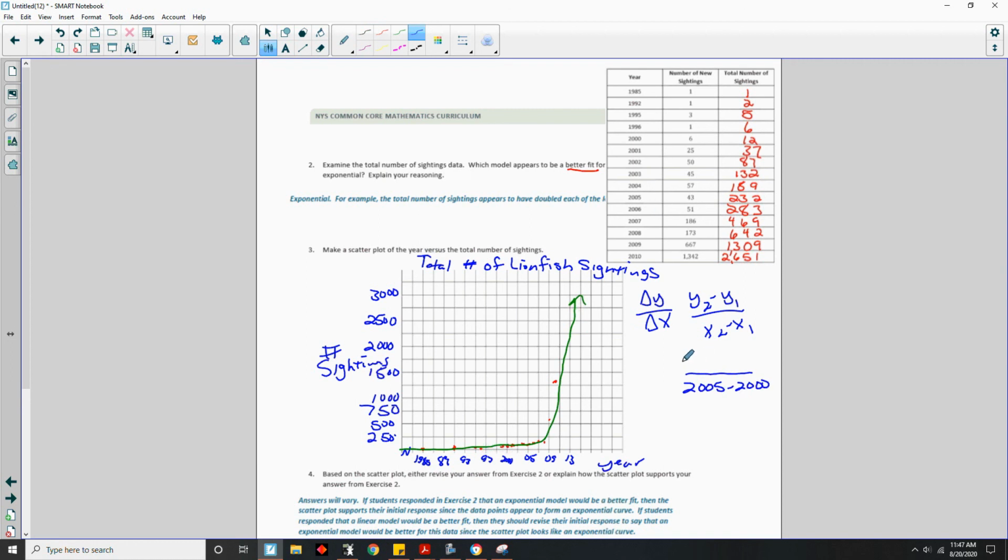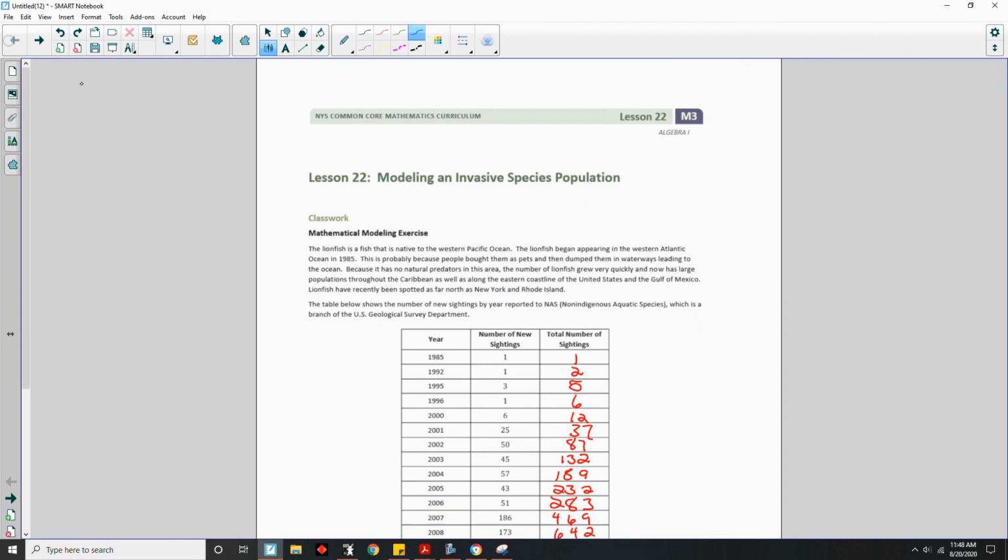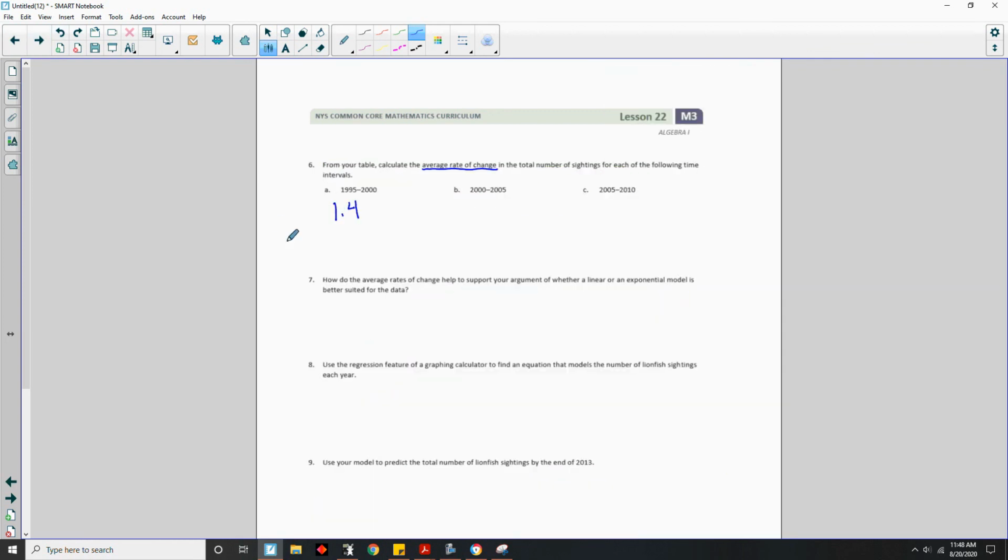In 2005 we had 232, minus 2000 we had 12. 232 minus 12 is 220, divided by 5. 5 goes into 22 4 times with a remainder of 2. 5 goes into 20 4 times, so my answer is 44. There was an average rate of change of 44 sightings between the year 2000 and 2005. It's a lot more than 1.4 sightings on average, isn't it?